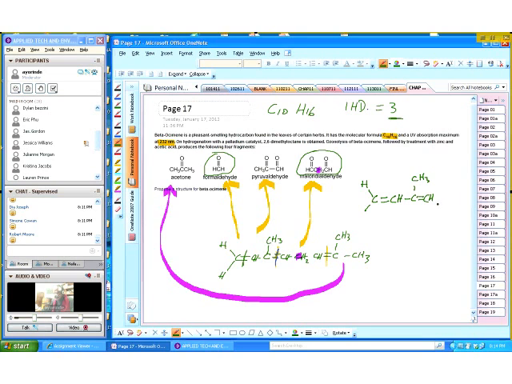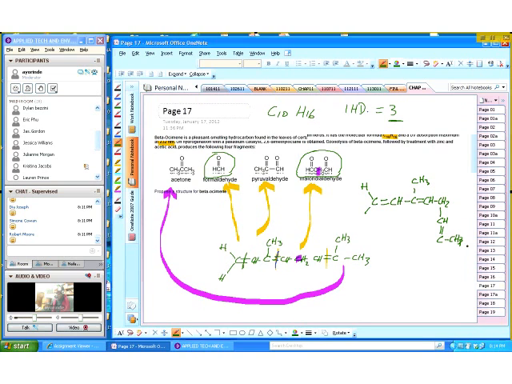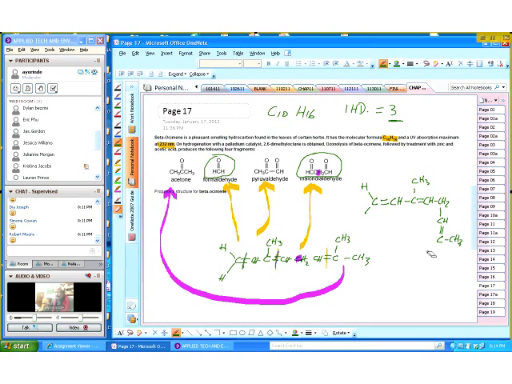This, okay, and then this CH2, and then attached to CH, this here, CH3, and then of course another CH3.